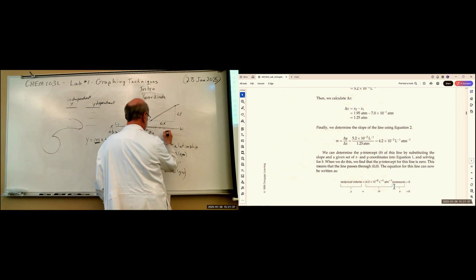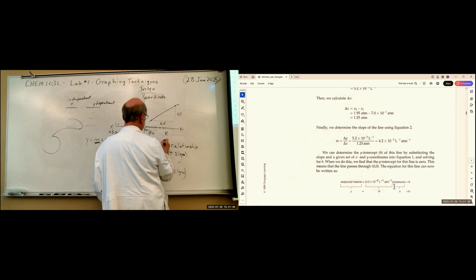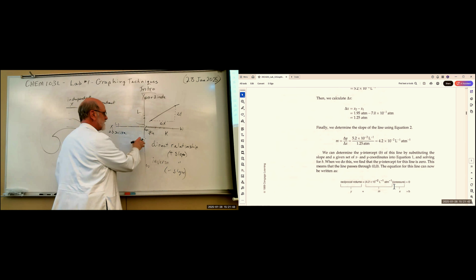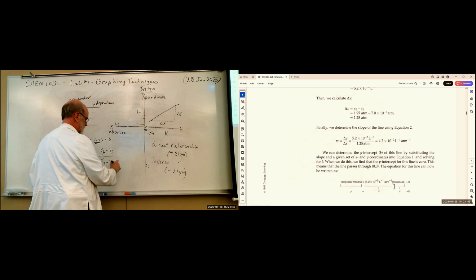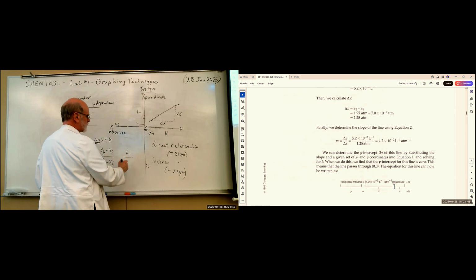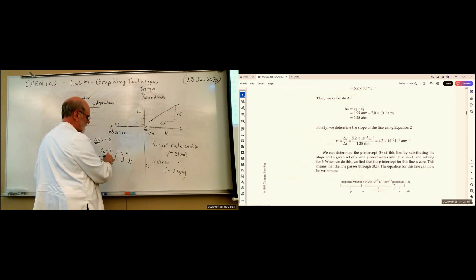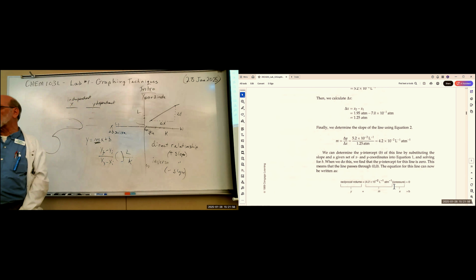If we have, let's say just for argument's sake, K for temperature here and liters for the volume, then the difference in Y will be in liters, and the difference in X will be K. So whatever number comes out of this one, right here, will have units of liters per K. Remember, everything you do to the numbers, you do to the units.